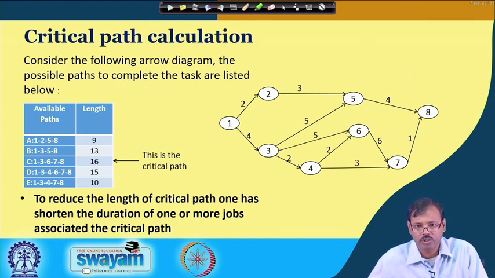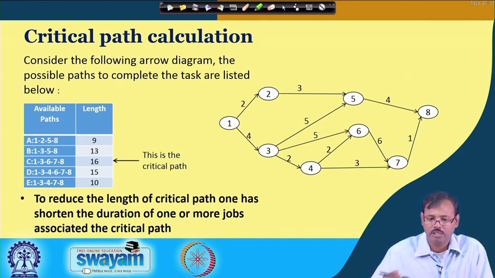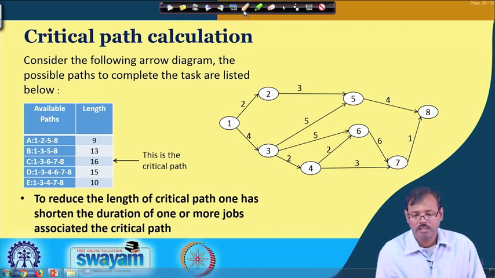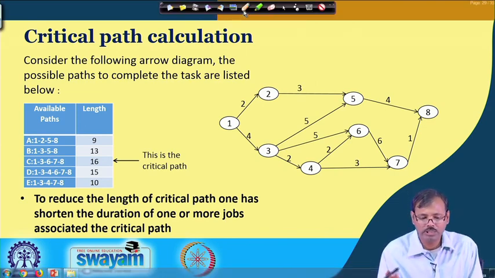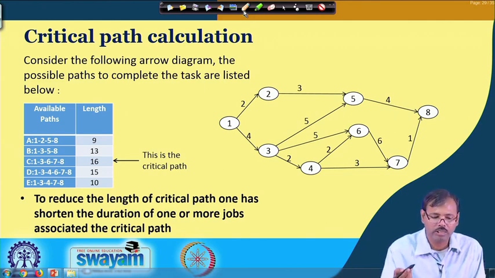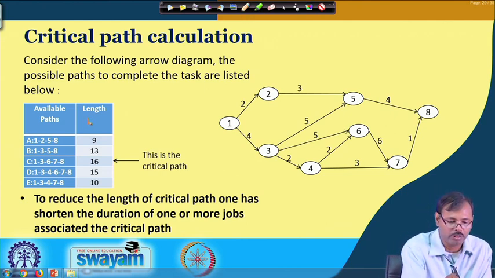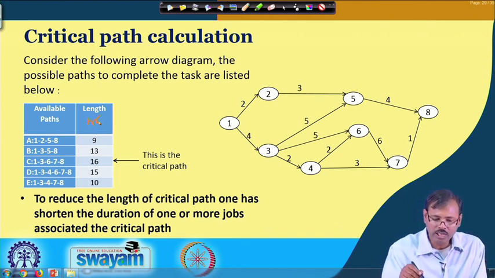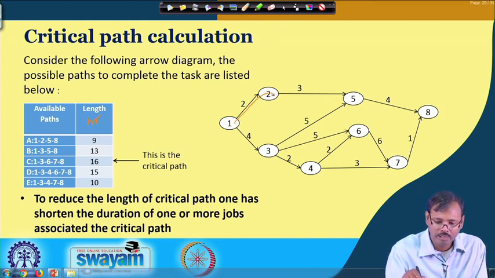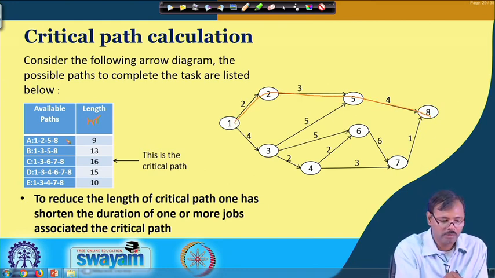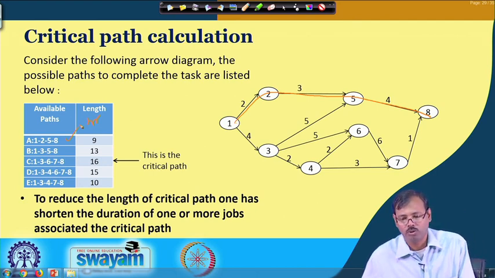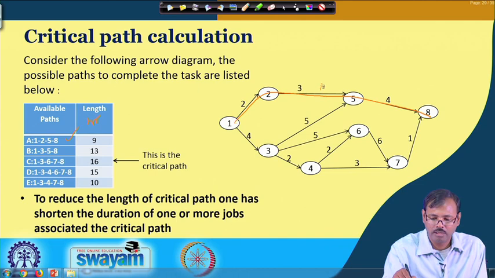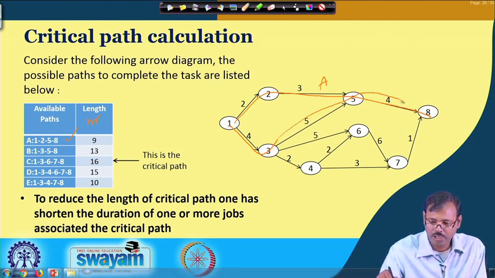This is the example, I have not given you the table. In this example, you can see the nodes are only connected, the job names are also not given, only the attributes. Say for this consideration, this is in hours. So, the times of these are given, and you can see path A is taking this one, that means nodes 1, 2, 5, 8 is path A. Path B is this one, 1, 3, 5, 8.